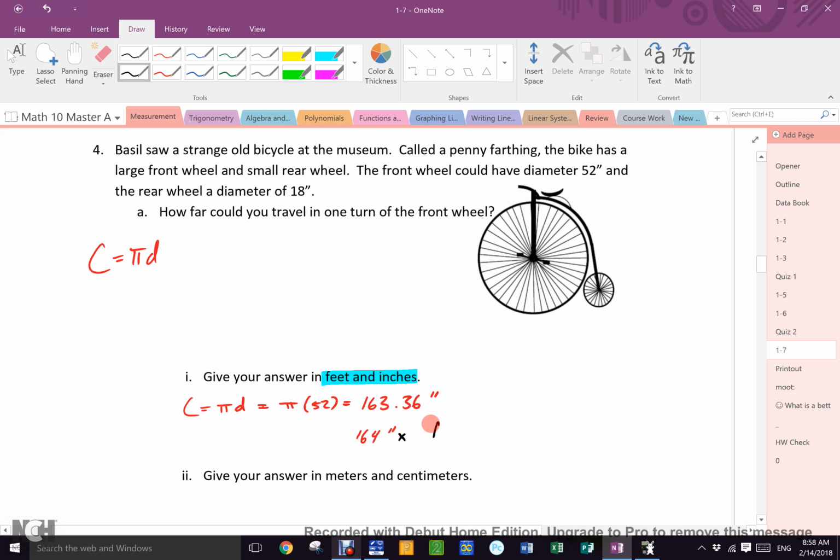What do I want? Feet. So feet goes in the numerator, inches goes in the denominator. What goes here, 1 or 12? 1, 12. Numbers on the bottom, so what do? Divide. What's 164 divided by 12?